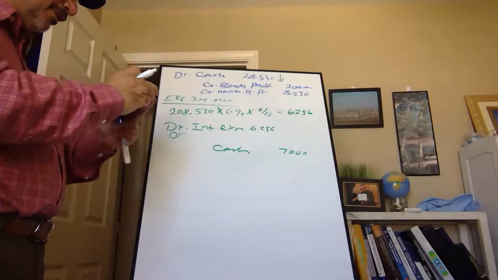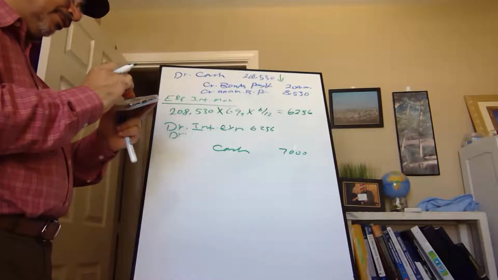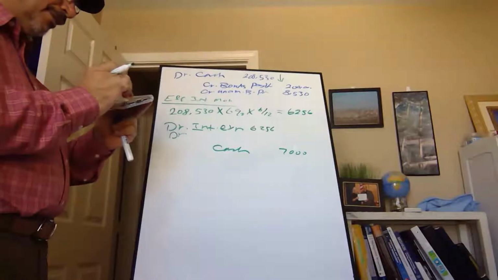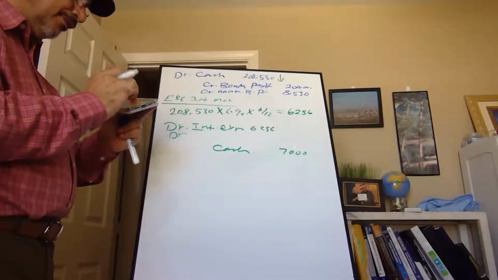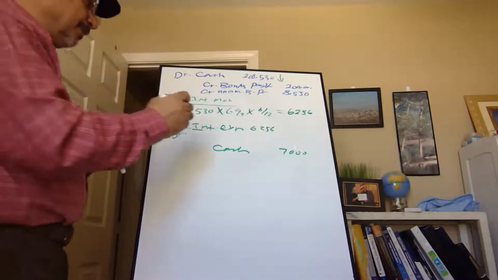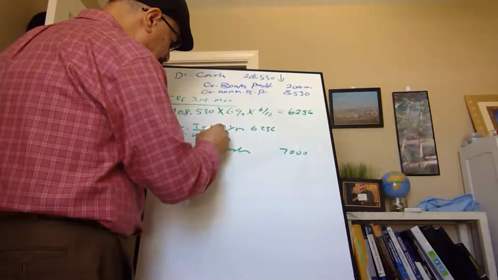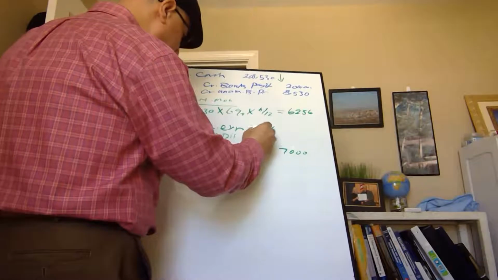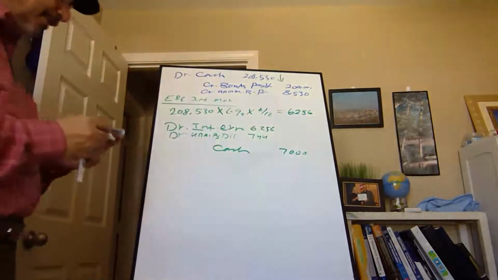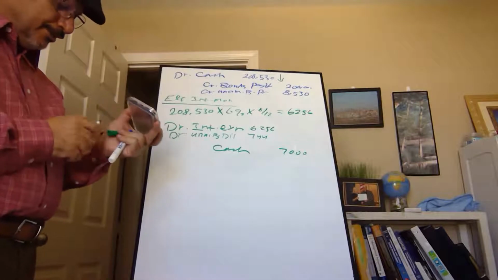We amortize 7,000 minus 6,256, which will give us 744, the unamortized bond premium. That is the first interest payment.